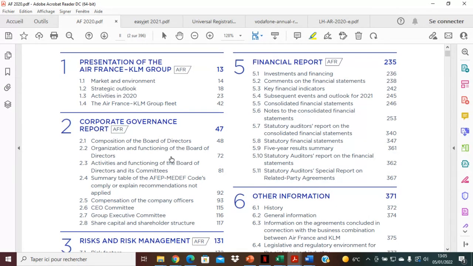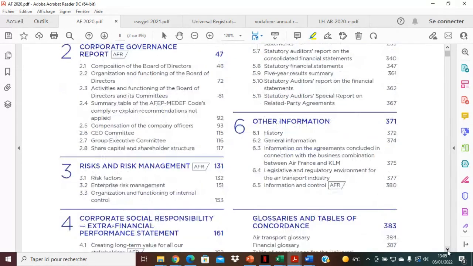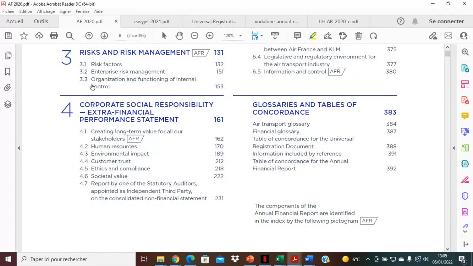We have something on corporate governance that obviously is very important today. Chapter 3 is on risk and risk management activities to understand how it is organized, who does what, and what are the main risks to which Air France is exposed. Then we have a CSR report on non-financial or extra-financial information and a performance statement.